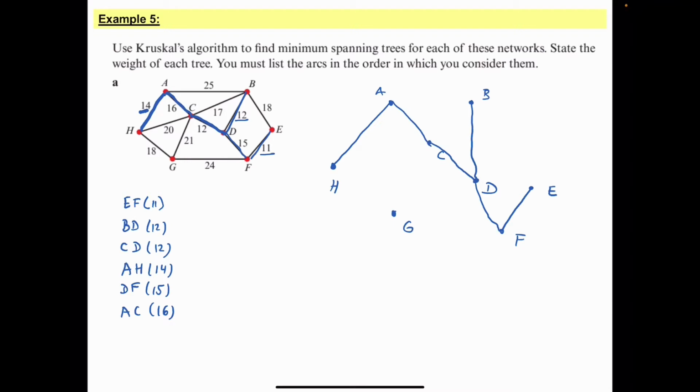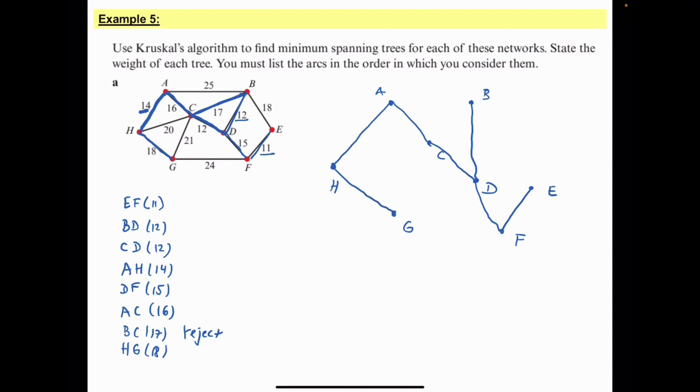Then next is BC, but be careful here because a cycle would be created, so I can skip that one. You can either say reject, or not even include it. And then next is 18, which is GH or AG, AG 18, and that means it's finished.